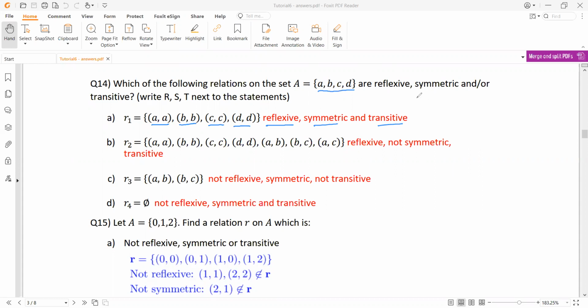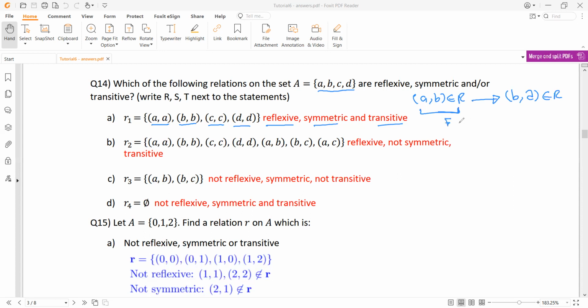For symmetric, if (A, B) belongs to R, then (B, A) should belong to R. Is there any pair where the first and the second are different? No. So I failed to find the left side.